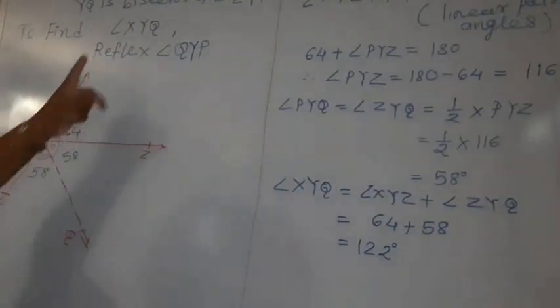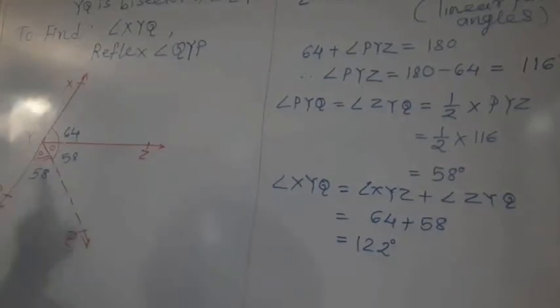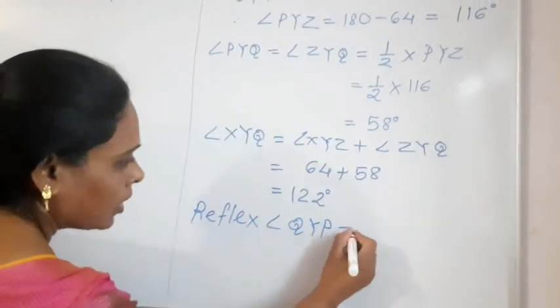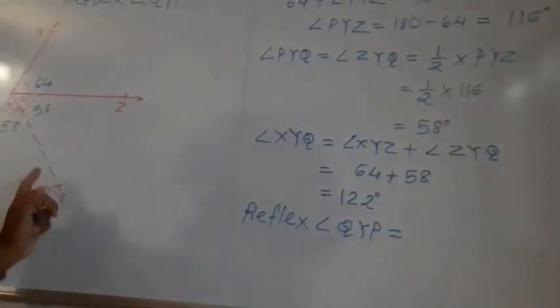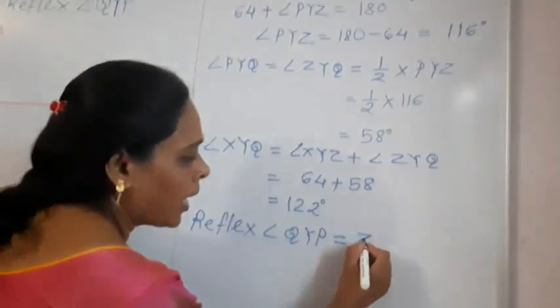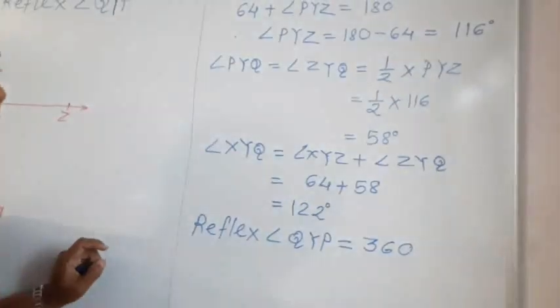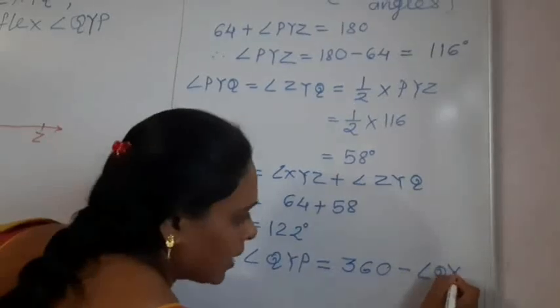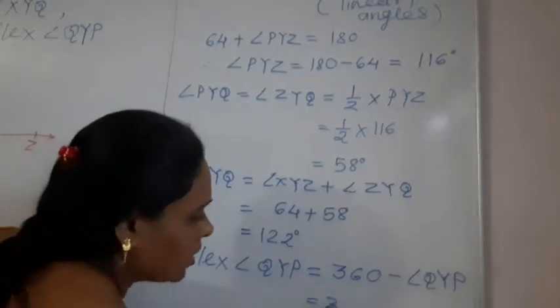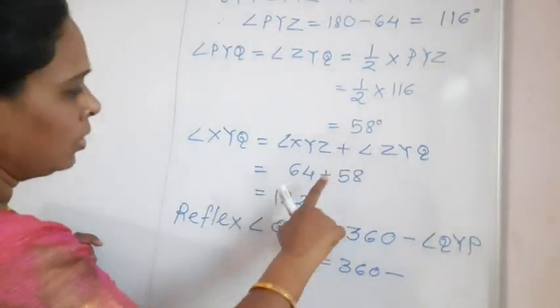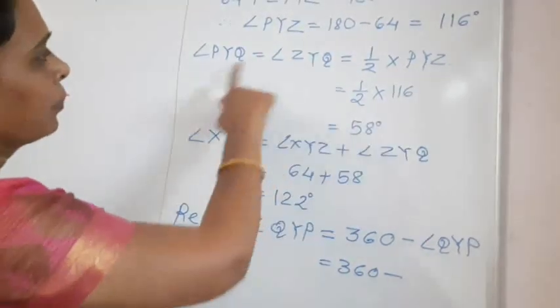Now the remaining part, the reflex angle of QYP. The reflex angle of QYP is equal to, if you want to find the reflex angle of any given angle, you have to subtract that angle from 360. 360 minus angle QYP, which is 58 degrees.